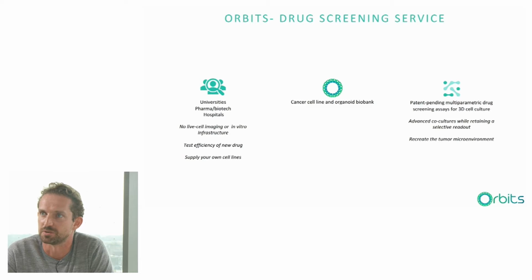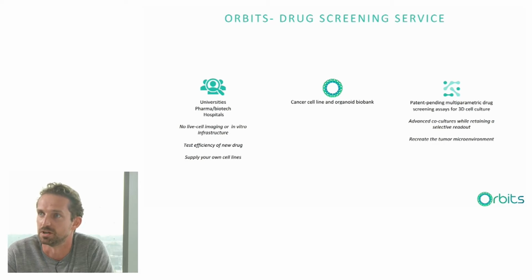So these innovations we want to offer as two independent services. The first one is the drug screening services for universities, biotech, and pharma who have a new compound and want to test the efficacy, but do not have live cell imaging infrastructure and want to make use of our cancer cell line and organoid biobank. If they have their own cell lines, they can of course send them to us also.